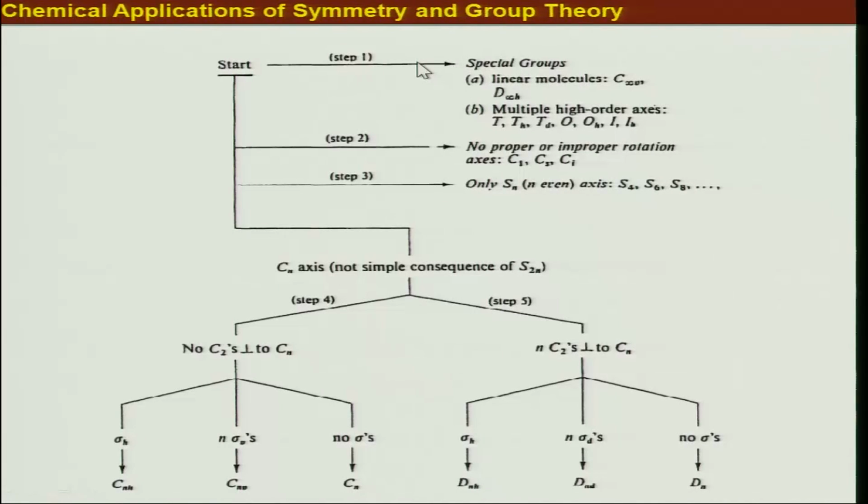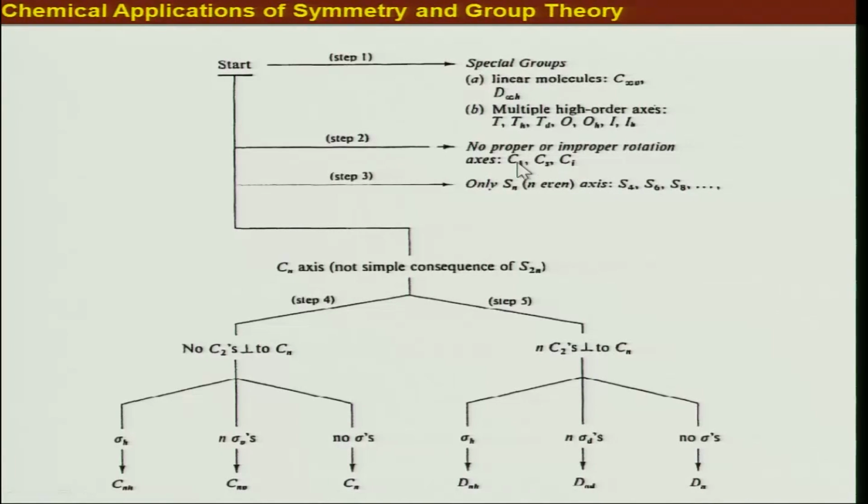Now, once you answer the questions of whether the molecule is linear, and whether the molecular structure has multiple higher order axes, then you go to step 2. In step 2 you ask whether there are any proper axes of symmetry, or even an improper axis of rotation, and if the answer is no, then you have certain types of groups like C1, Cs and Ci.